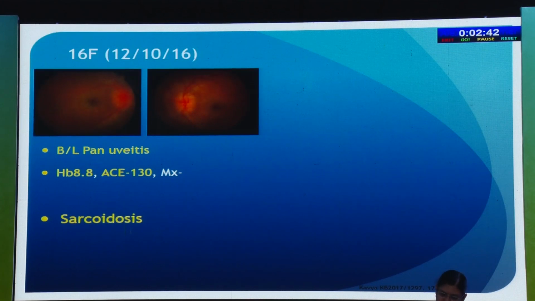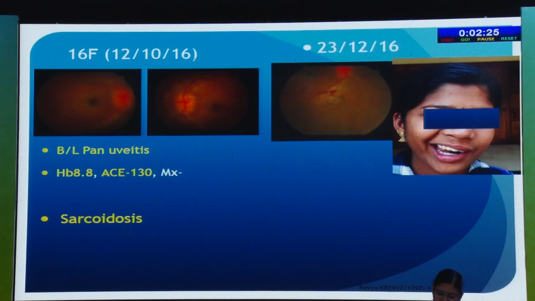A 16-year-old girl, 11th standard student, presented with a complaint of headache, and when examined, she had features of panuveitis. You can see serum ACE was extremely high, Mantoux was normal, and in association with the physician, we made the diagnosis of sarcoidosis, and we started systemic steroids.